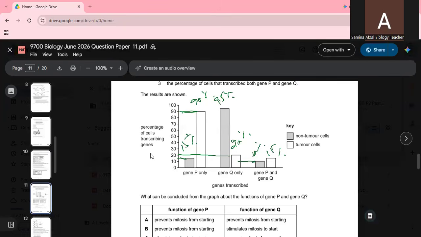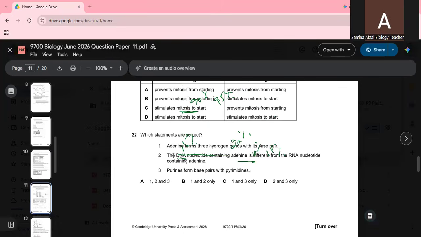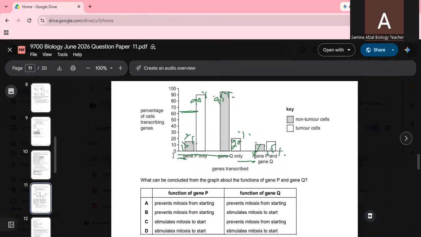So which options can be concluded from the graph about the functions of gene P and gene Q? Option A: a function of gene P is that it prevents mitosis from starting, and a function of gene Q is that it prevents mitosis from starting.